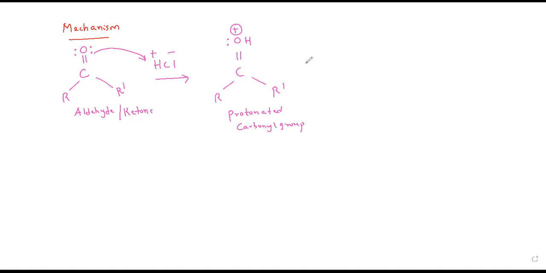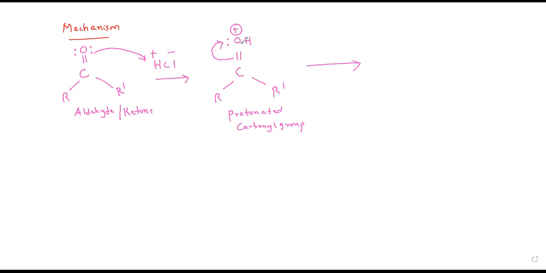Okay, next. What is the problem with oxygen here? Oxygen is electron deficient. It requires electrons. So you compare the electronegativity between carbon and oxygen. As oxygen is more electronegative, the bonding electrons which are present in this pi bond will shift towards oxygen.